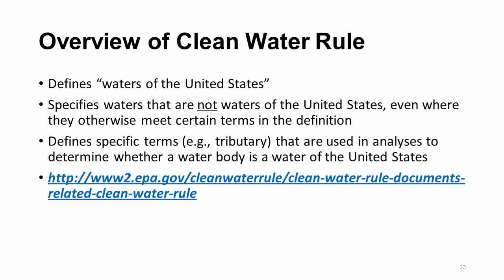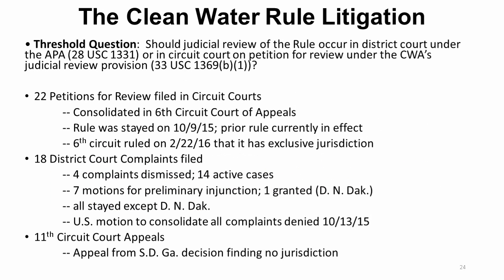All right. And then we get to Swank in 2001. The issue in Swank was, in 1986, the Army Corps of Engineers, I guess feeling a little emboldened about broadening things out, came out with a rule, the Migratory Bird Rule, I think in a preamble, basically saying that isolated waters that aren't connected to traditional navigable waters, that are just within one state, don't cross boundaries, are also covered by the Clean Water Act, so long as they're habitat for birds that cross state boundaries and migrate.